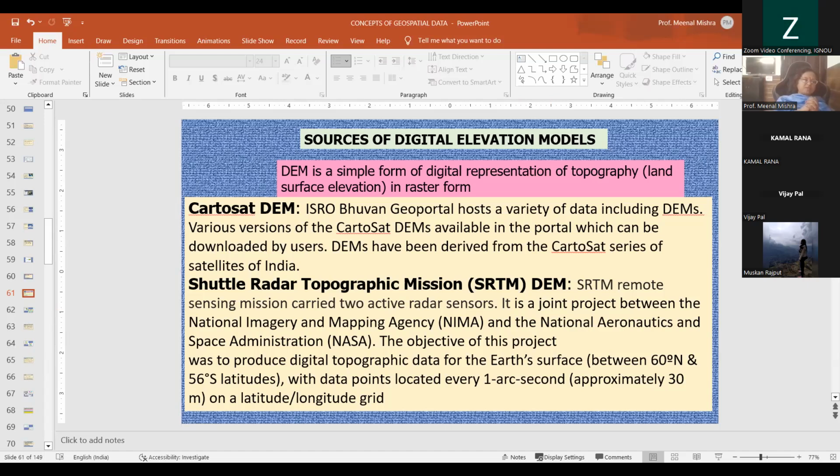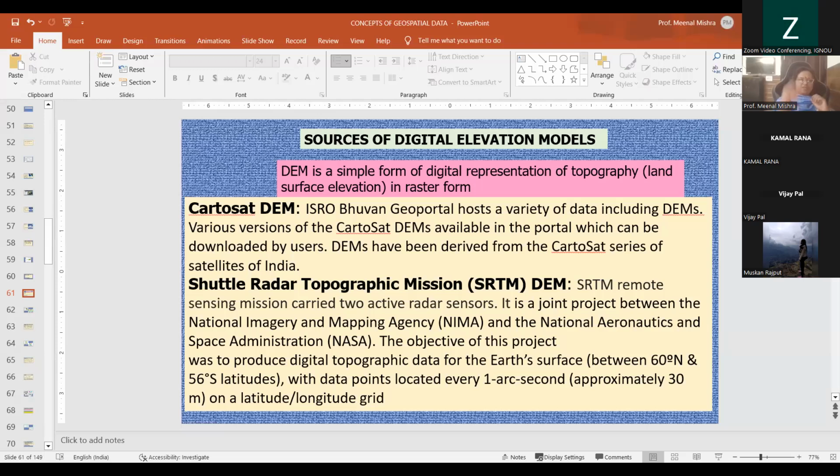So the SRTM remote sensing mission, as I told you, has two active radars, and this venture is a joint project between NIMA, that is National Imagery and Mapping Agency, and NASA, that is National Aeronautics and Space Administration.